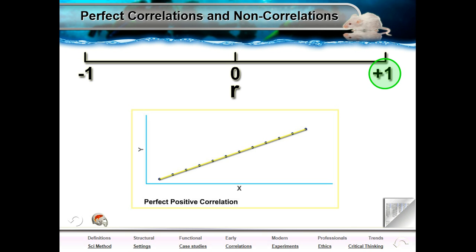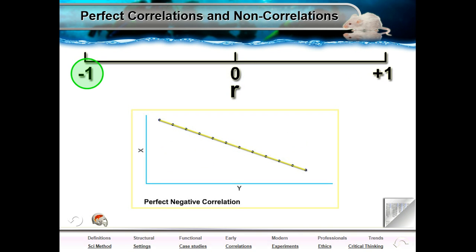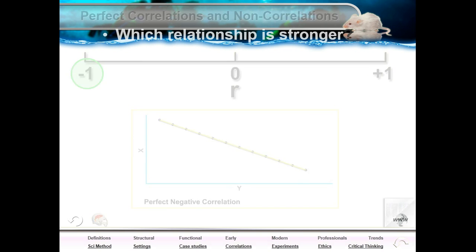This is a perfect line, and in research we don't really find things like this. This is an example of no correlation. Notice the points are all scattered. Here's a perfect negative correlation, which means, again, graphing the points of x and y, we could see that there would be a negative correlation here. Again, this is a perfect negative 1 correlation, and in reality you don't find things like this.